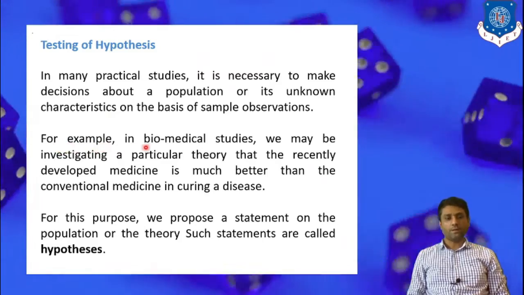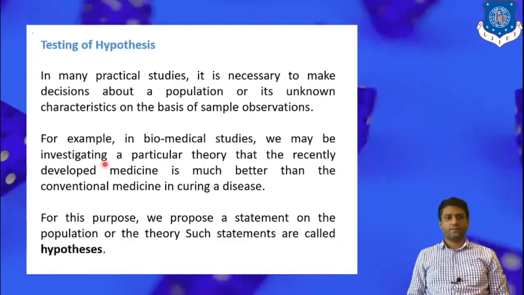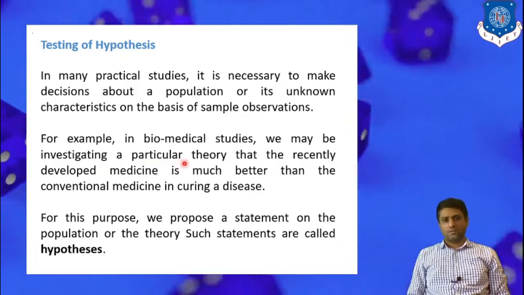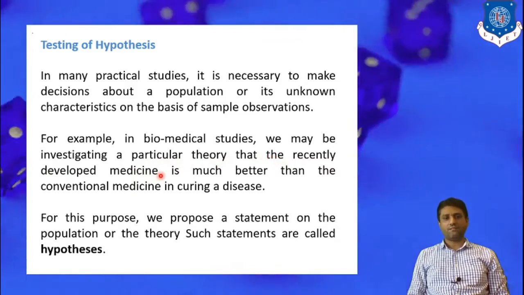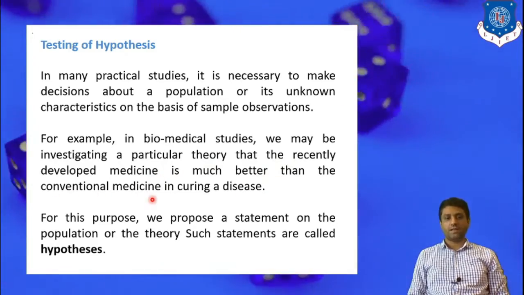For example, in a biomedical study, we are interested in checking a particular theory, that a newly developed medicine is much better than the conventional medicine, that is, the existing medicine.